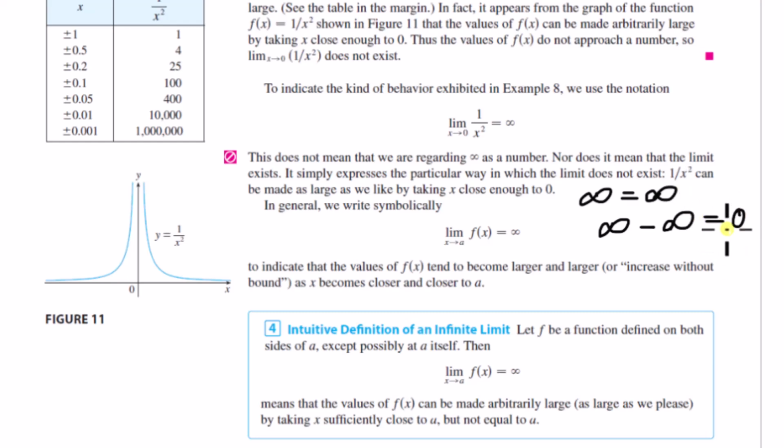These statements don't make sense, which is confusing because it's the same symbol, right? Like with variables, we can say that a is equal to a or b is equal to b and x minus x is equal to 0, right? Yes, that's true, but these aren't variables. Infinity is not a variable, and infinity is not a number either.